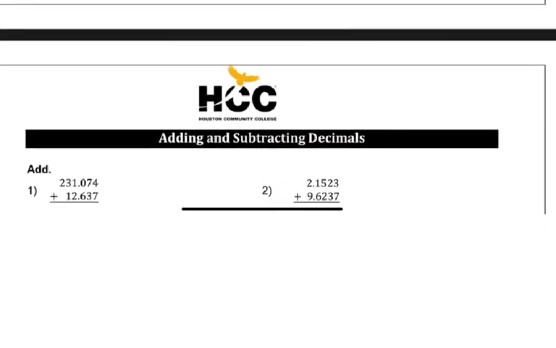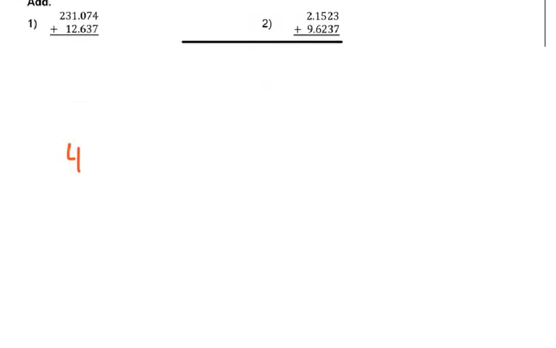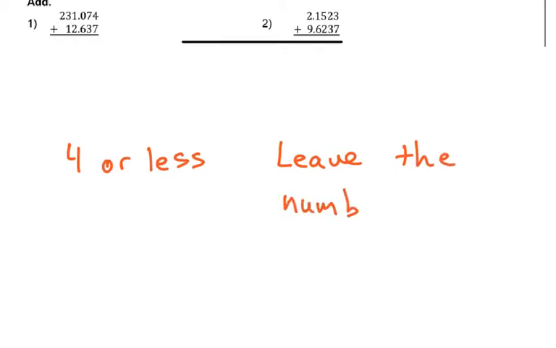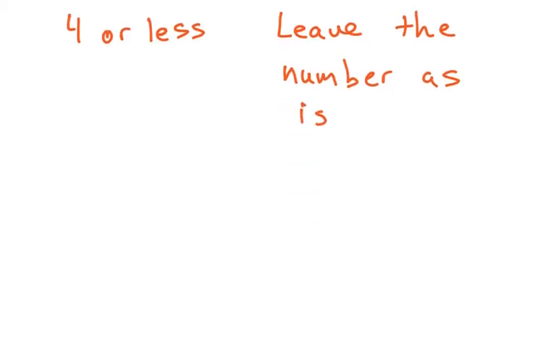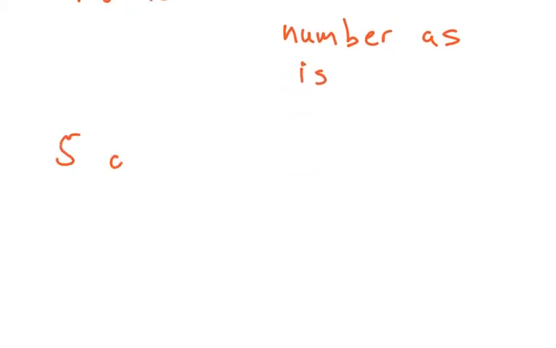If the digit is 4 or less, you leave the number as is. If it's 5 or more, then you bump it up 1.